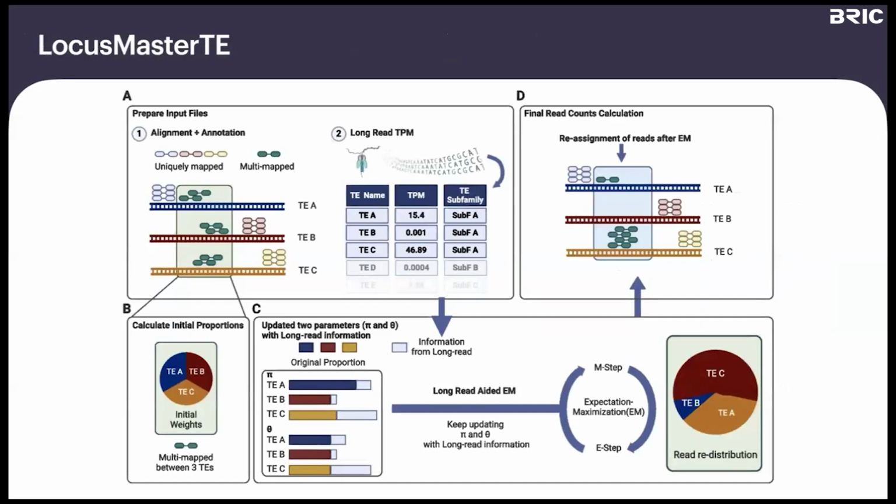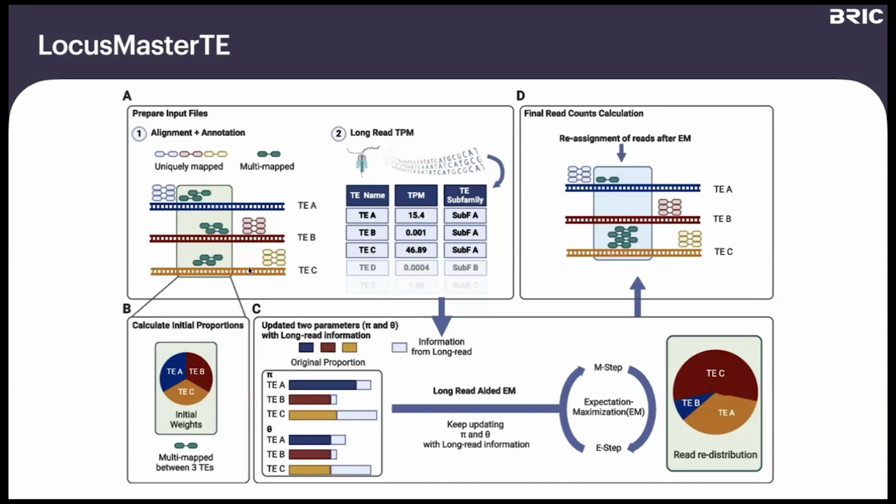So if we want to find clinical findings or other epigenetic markers in a big cohort, we definitely need a tool that will accurately quantify TEs in short read RNA sequencing.